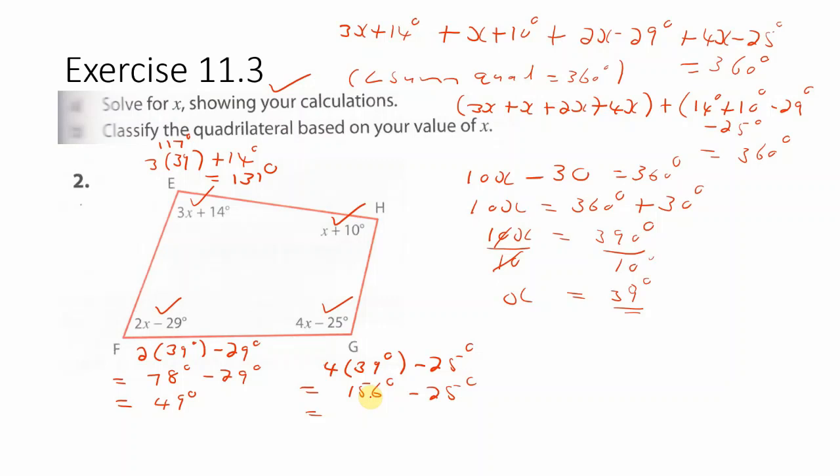So 156 minus 5 is 151, minus 20 is 131 degrees. And then finally angle H. In the place of x we have now 39 degrees plus the 10 degrees, which is 49 degrees.